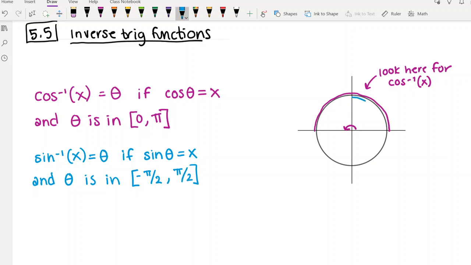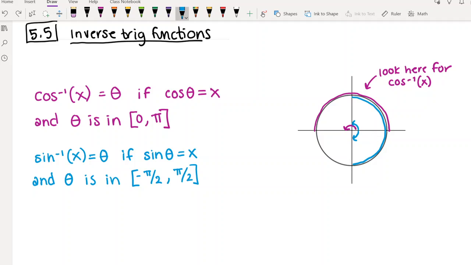So let me do something similar here. If you are doing inverse sine, you want to be looking at this part of the graph. And I'm going to add arrows here because you want to be thinking about 0 to pi/2 and then 0 to -pi/2. So you don't want to be giving answers like, I don't know, what would be a good example, 7 pi/4 or 11 pi/6. You don't want to be giving answers that are in this part of the unit circle, but that are measured all the way around.